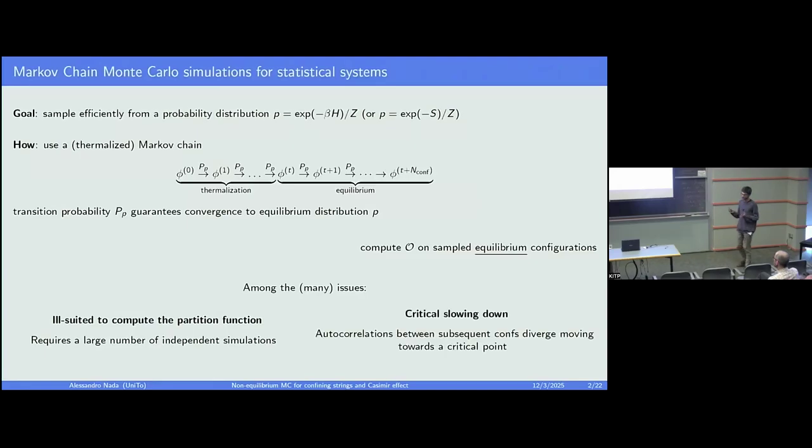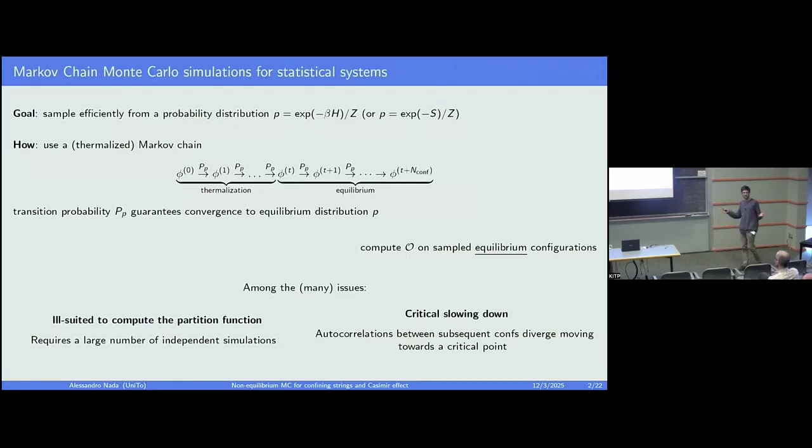The other thing, which is probably even worse, is called critical slowing down. The idea is that when you compute a certain observable on your thermalized configurations, the subsequent configurations are extremely correlated with each other. Usually the most famous one is the topological charge in QCD. And this happens when you move towards a critical point.